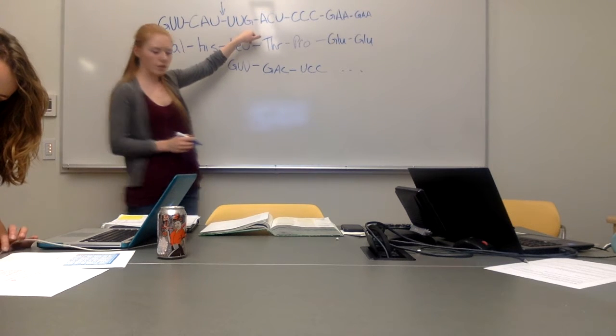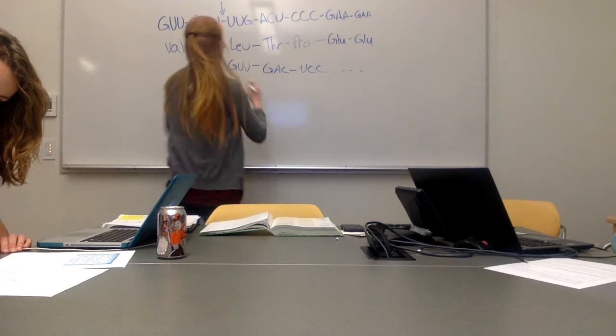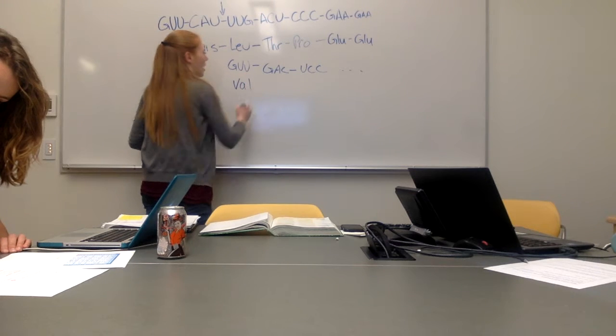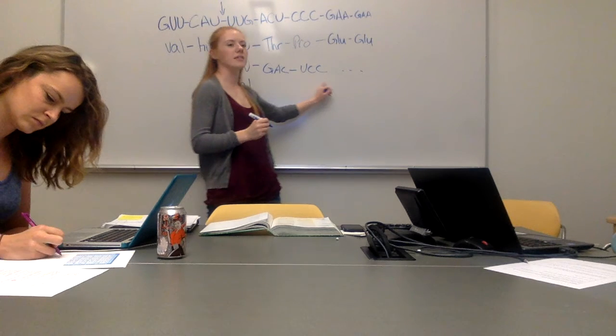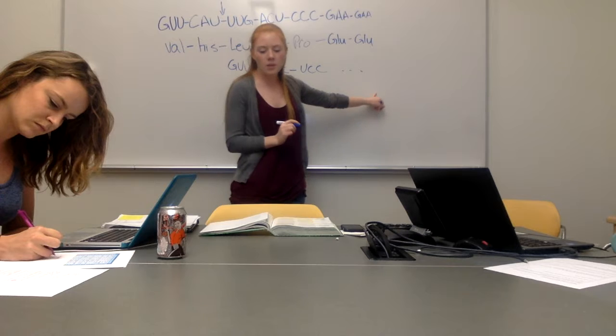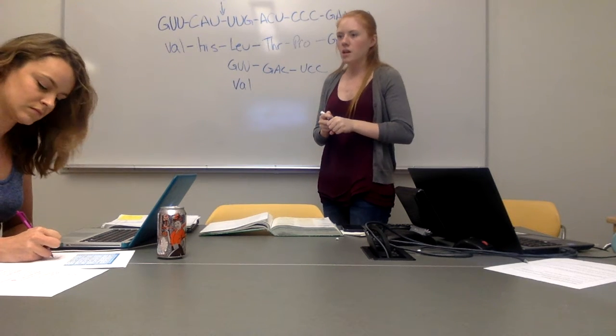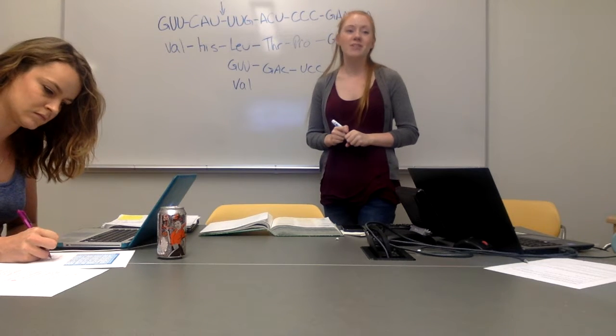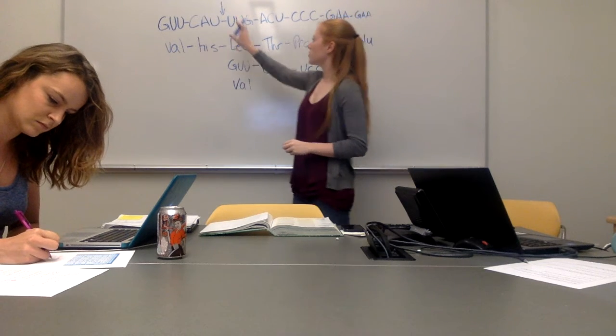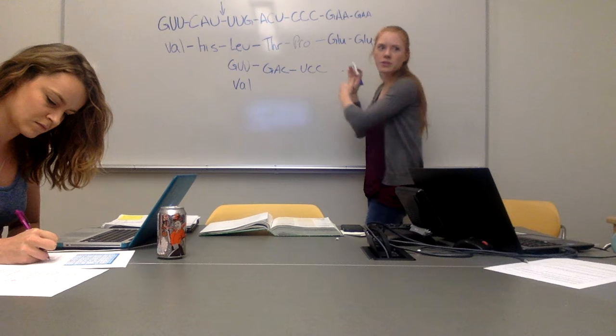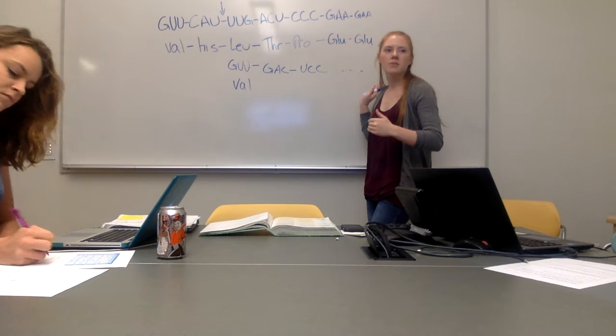No. Definitely not, right? So that we're changing into a valine. And then every single other amino acid is going to be changed as well. So this is an insertion mutation, and this is what we call a frame shift, okay? So it's taken our original frame and it's shifted every single amino acid that resulted after that.